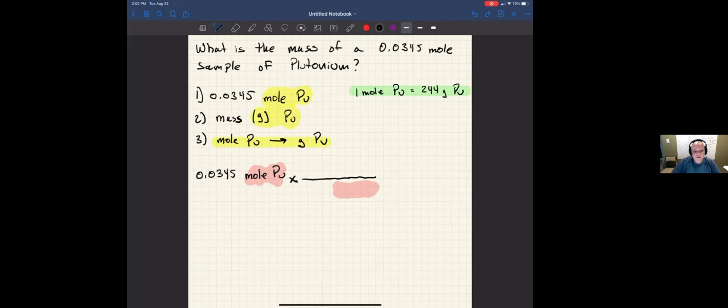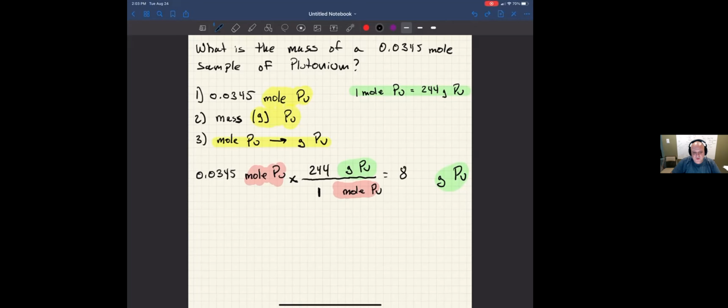So moles of plutonium will be found in the denominator. I also know that the answer to the question should be given in grams of plutonium. And so that means that grams of plutonium will be in the numerator of the per expression, in the numerator of the conversion factor. So that allows me to put the numbers in the correct location.